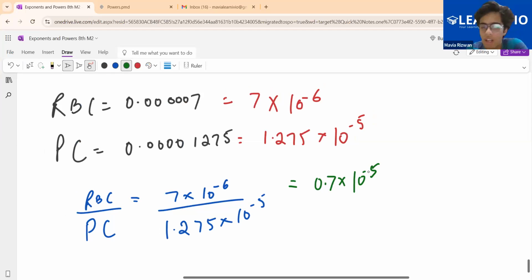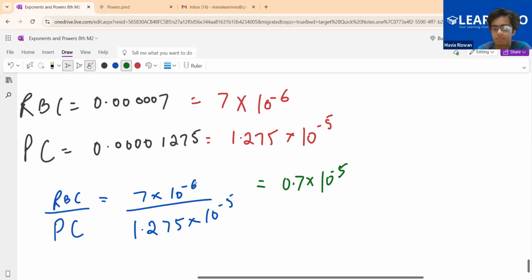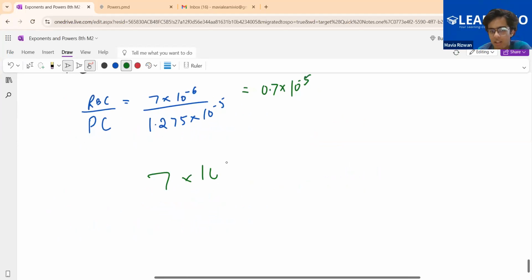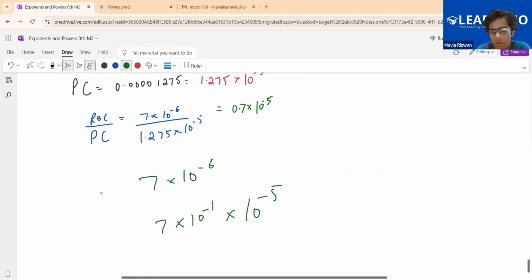See, I can write 7 into 10 raised to the power minus 6 as 7 into 10 raised to the power minus 1 into 10 raised to the power minus 5. Why? Because if I add them, minus 1 minus 5 would be minus 6. Now 7 into 10 raised to the power minus 1 is equal to 0.7. This would come by practice to you.